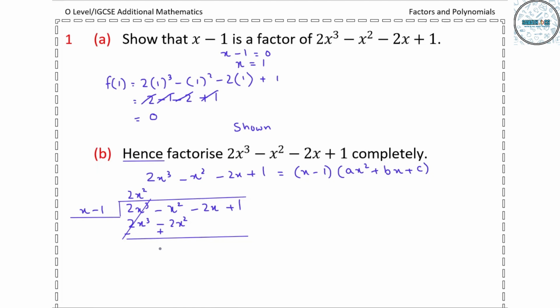Then we can solve this. This will give the result as x squared minus 2x. We have here x squared, so x multiplied by plus x will give the result as x squared. Minus 1 multiplied by x is minus x.